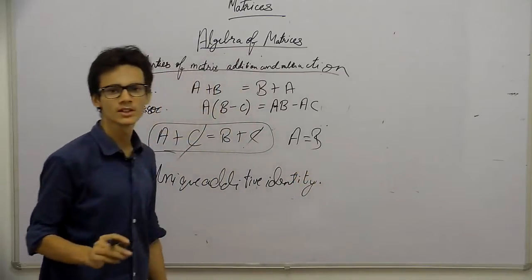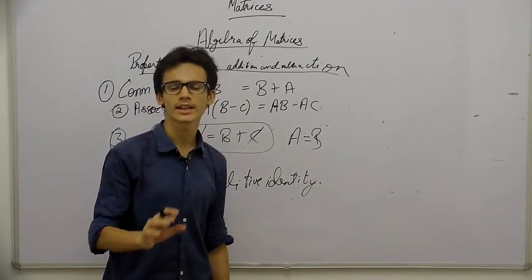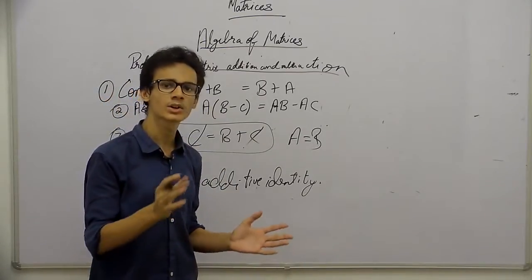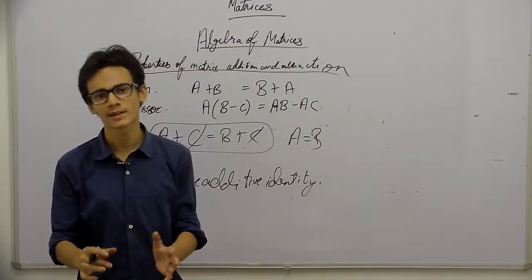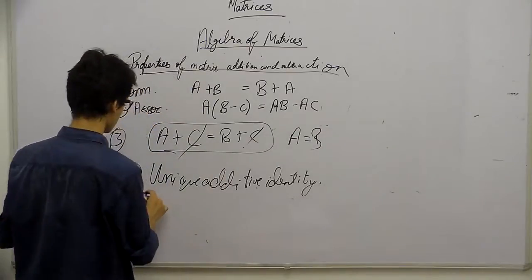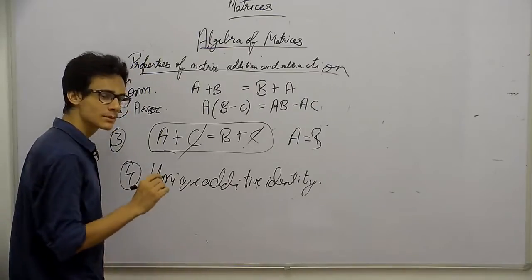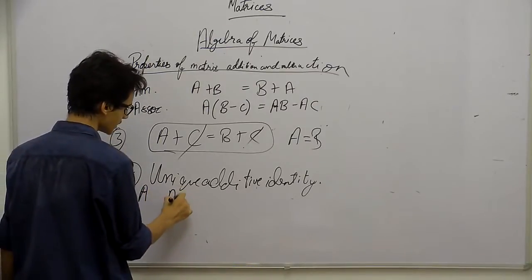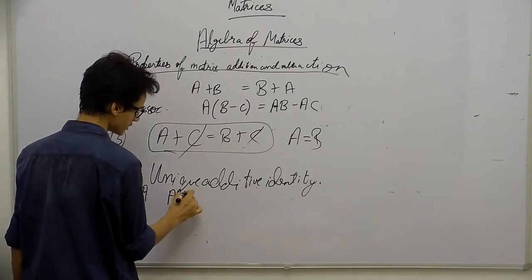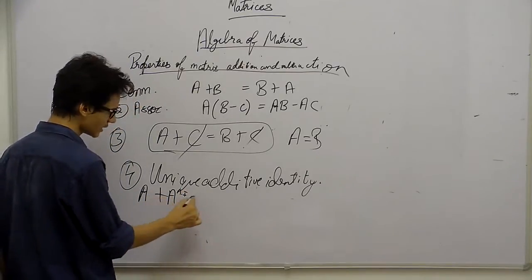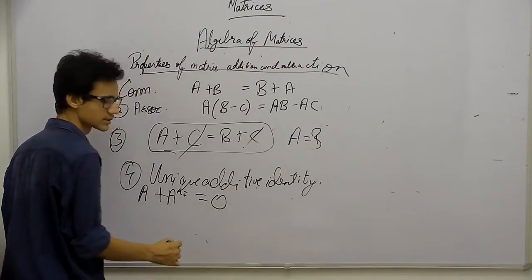For every matrix there exists a unique matrix which, when added to the original matrix, gives us the null matrix. So if we have a matrix A, there exists a unique additive inverse which, when added to A, gives us the null matrix.